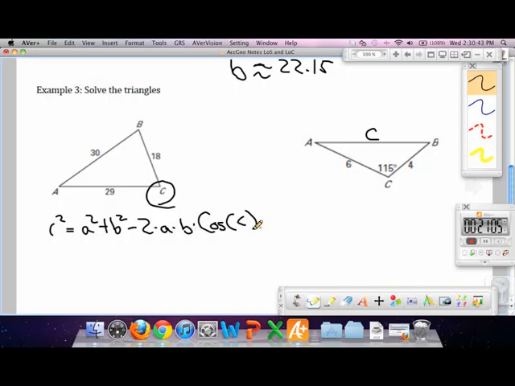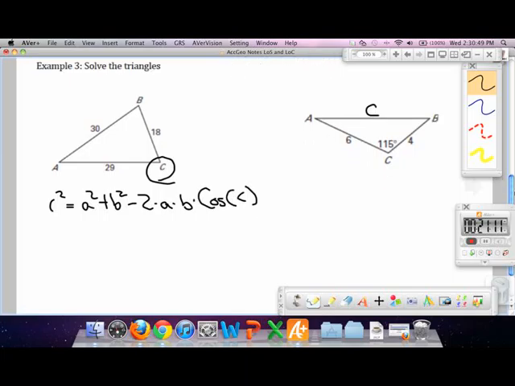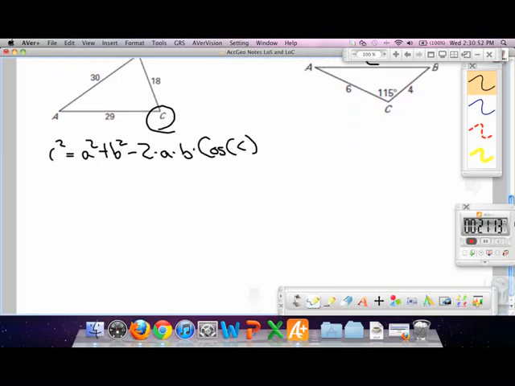So let's see what we can do. This will be a little exercise in algebra. If I want to get this thing by itself, the first thing I want to do is get rid of any adding or subtracting going along with this term. So I'm going to start by subtracting each of these things from both sides.